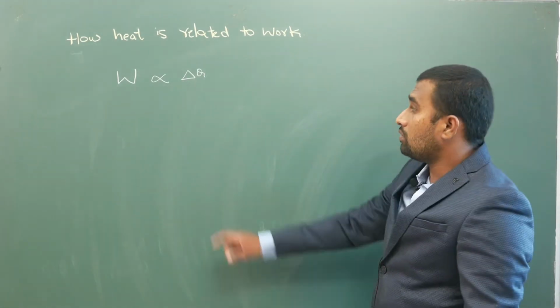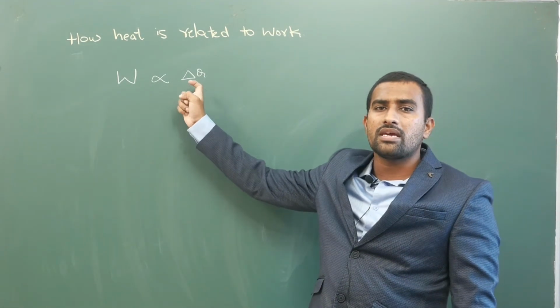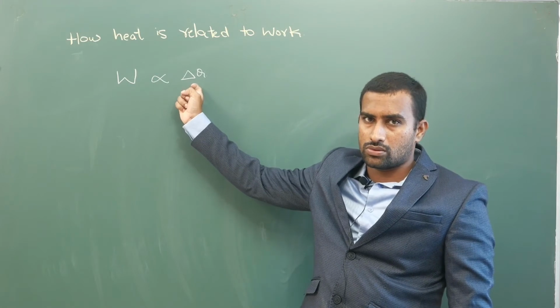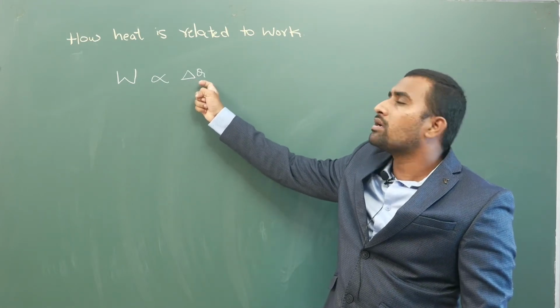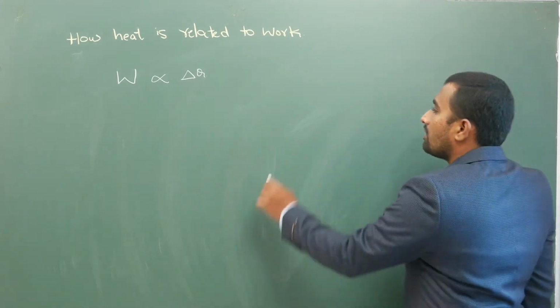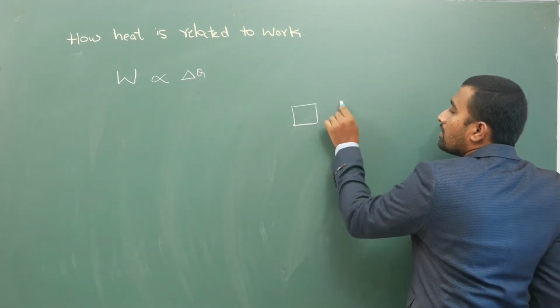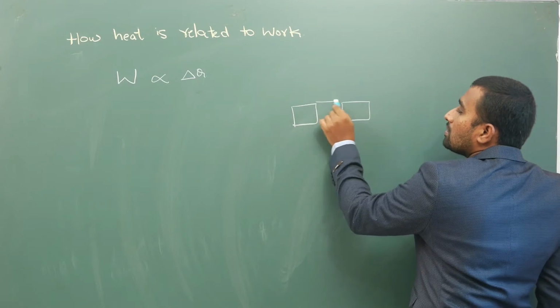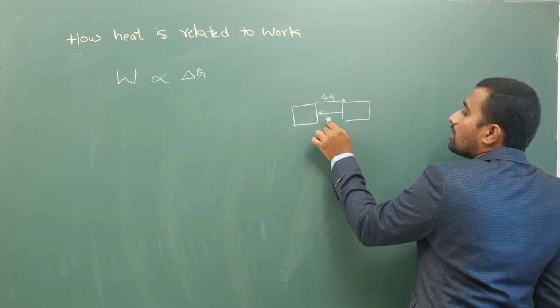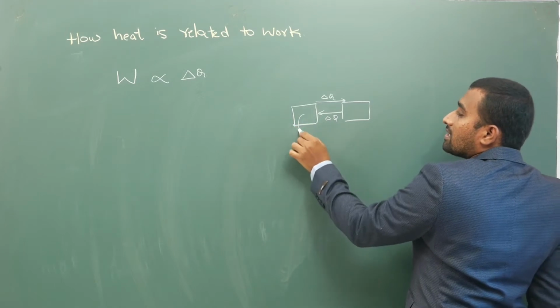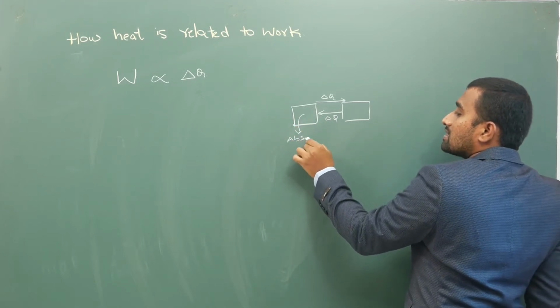Remember here I am keeping the sign delta Q. It is a change. If you have two bodies, you can only calculate how much energy is transferring from one body to another, but you cannot calculate absolute heat energy. Whatever is inside, you cannot calculate.